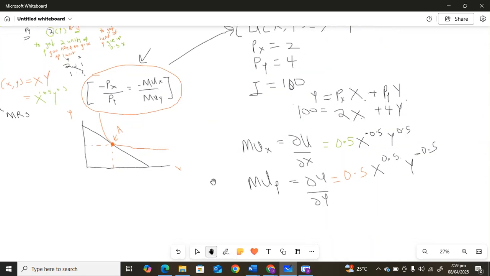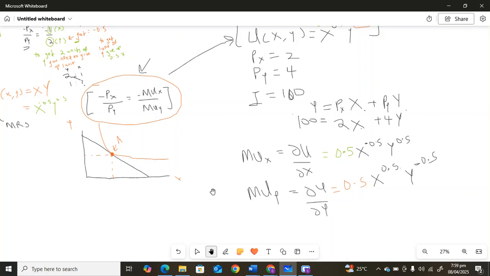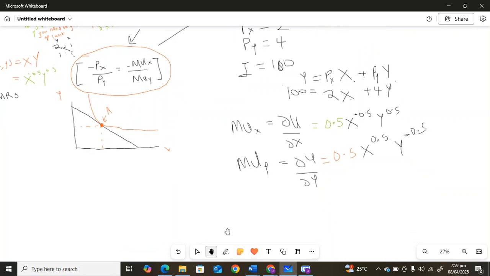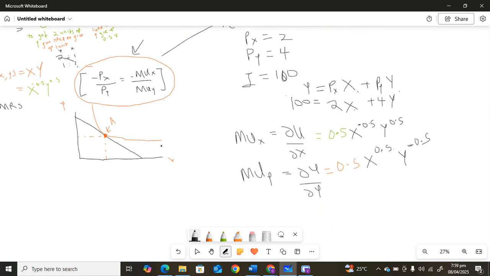Any questions? So we found the marginal utility of x and the marginal utility of y. Okay, so now we equate these expressions here. Since this is negative and this is also negative, the negatives you can cross them out.